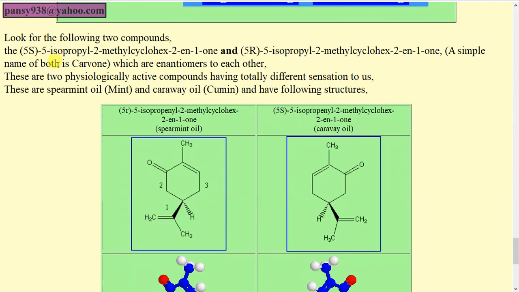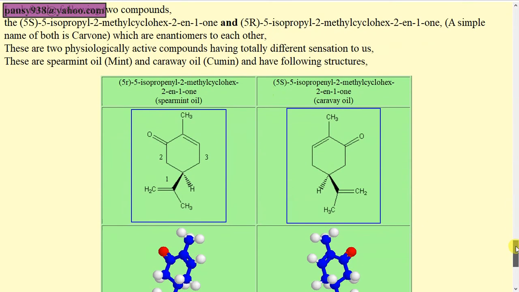The compound is isopropenyl 2-methyl cyclohex-2-en-1-one. But one of the enantiomers is of the S series and the second is of the R series.